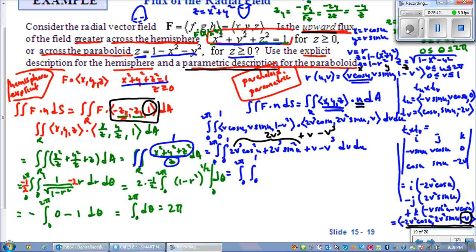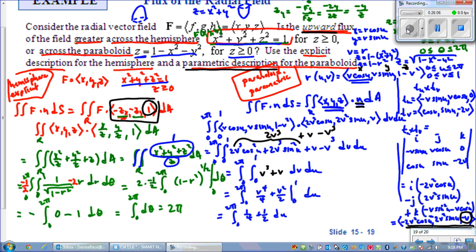So this whole thing simplifies to be v cubed plus v. Okay, so we end up getting 3/2 pi for the upward flux.